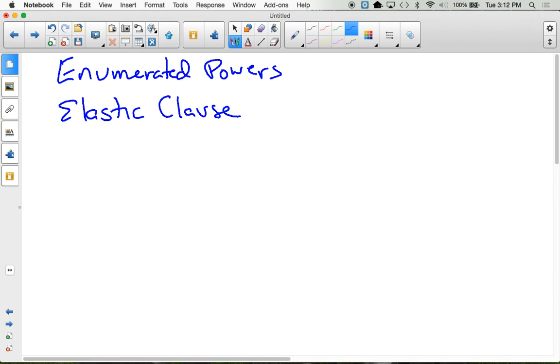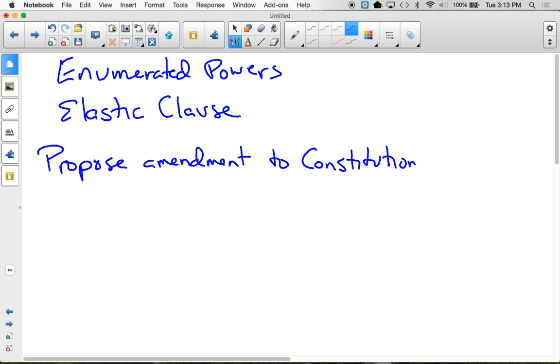Any power not given directly to the federal government goes to the states. So that would be the tax example you talked about. The final thing we'll talk about a little bit more, but they can propose an amendment to the Constitution with a 2/3 vote.